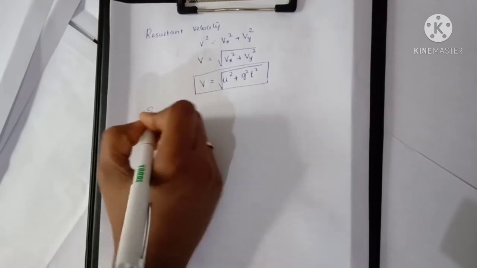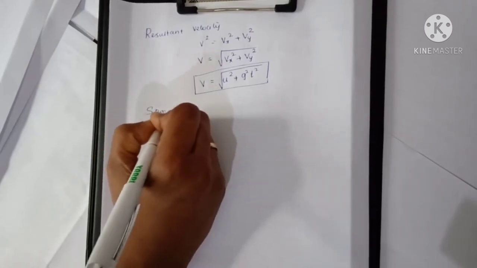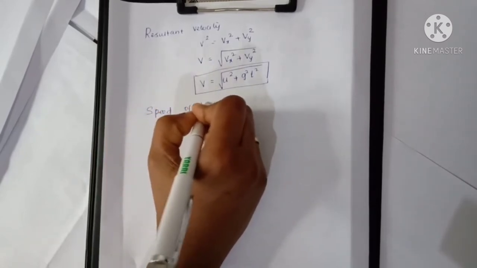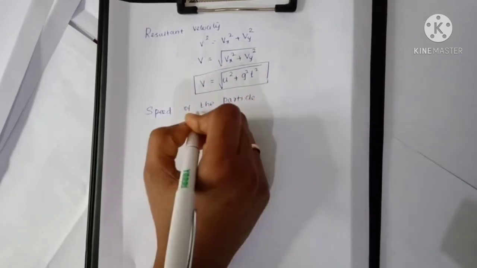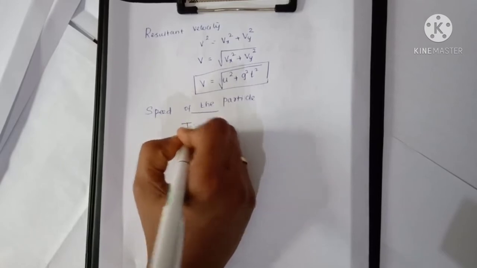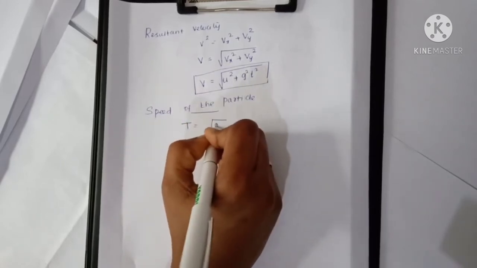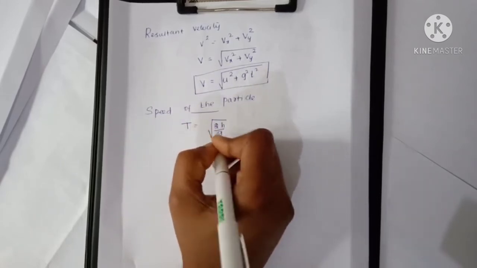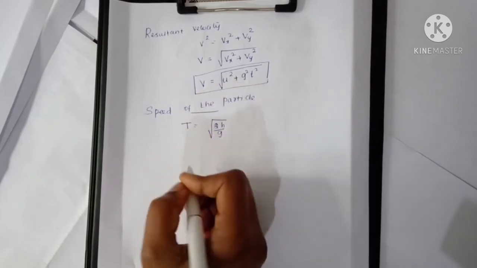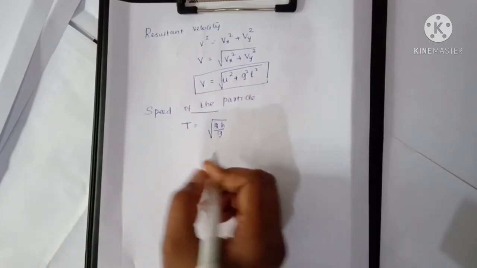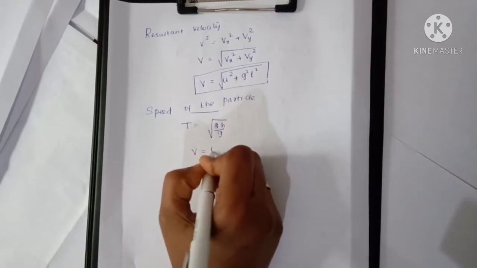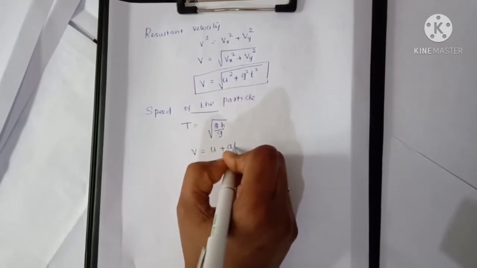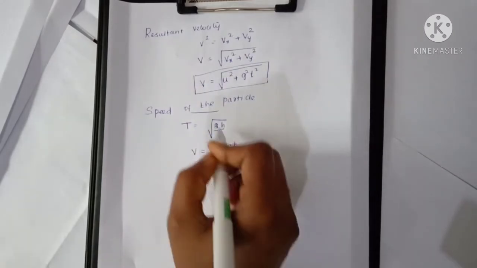Next, the speed of the particle. We know that the time T is equal to square root of 2h divided by g. Already we derived it, and we know the first kinematic equation, v is equal to u plus at, and we are going to find the speed.